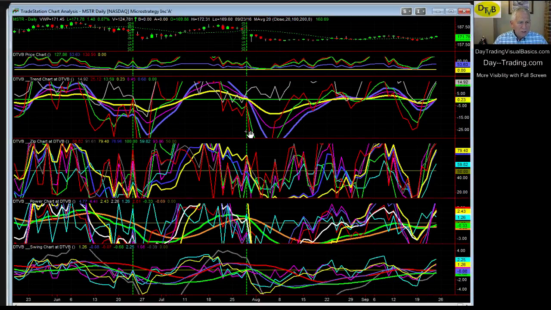And we're in MSTR, and we're in June and July of 2016. And the example on the left also has in the zip chart a red peak, and with zip yellow at 29, zip red at 79, so we're about 50 points apart, which is pretty good.